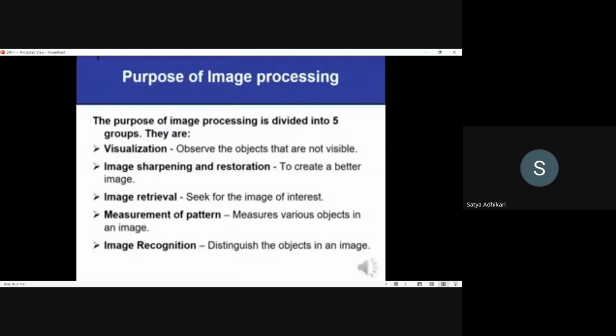Image retrieval seeks the image of interest. That is, you are not interested in the entire image, but only in some part. This is known as retrieval. You can retrieve that part and get information from that part only, not from the entire image.